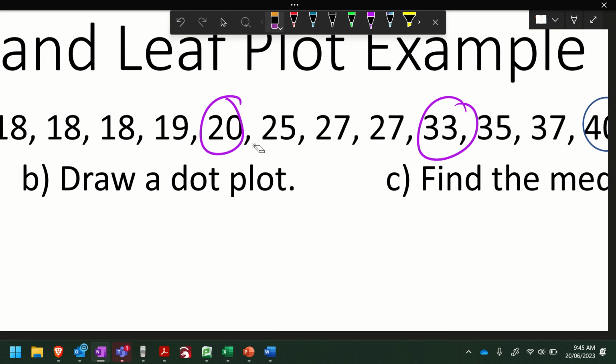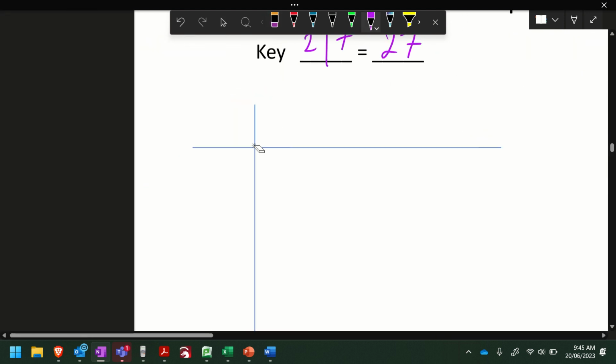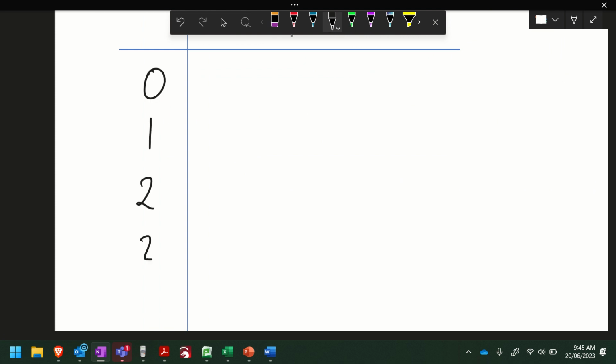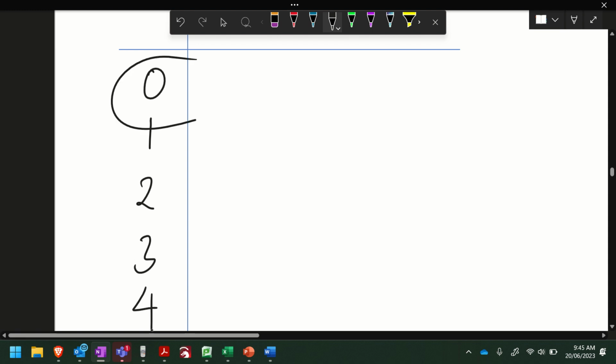So on our stem, you need to make sure you count for it. So here you're going to go 0, 1, 2, 3, and then 4. These are your single units. These are your tens, 20s, 30s, 40s. That's what that represents.